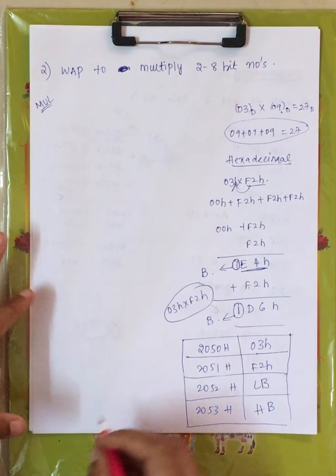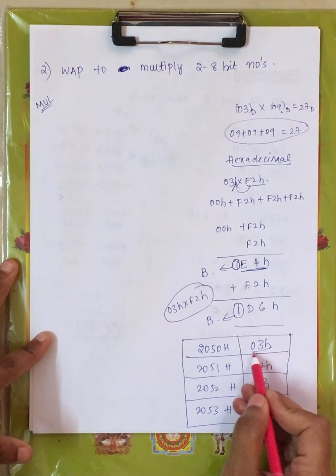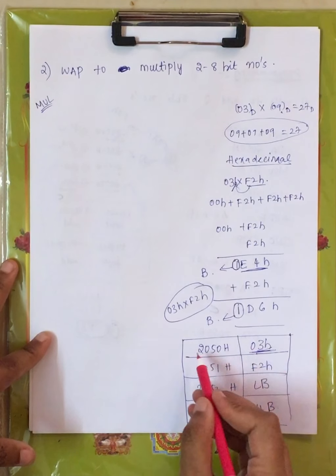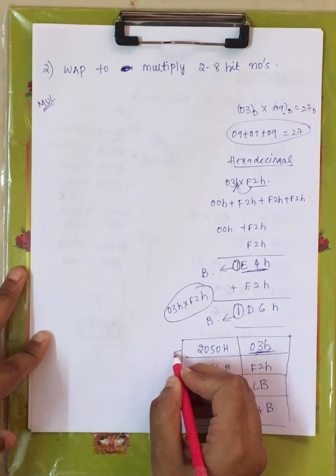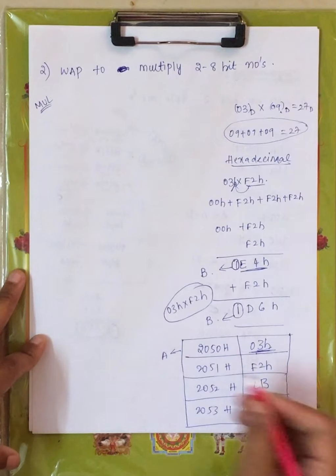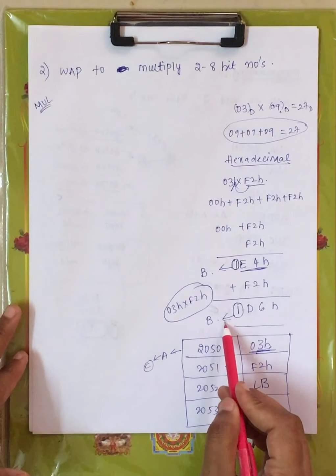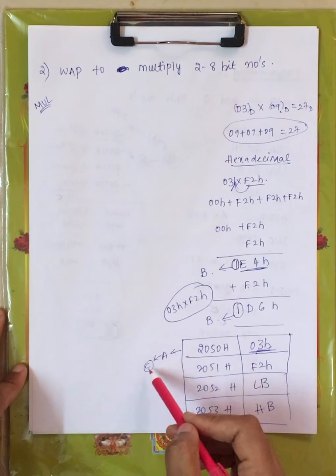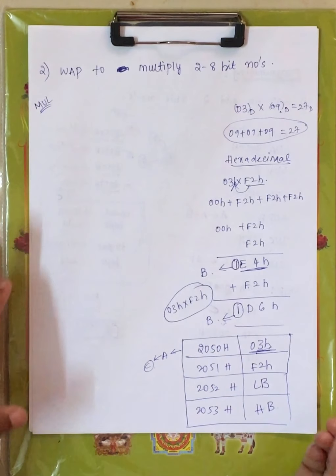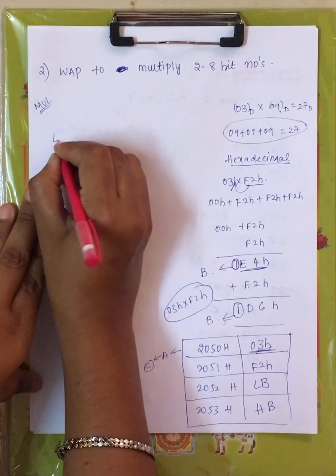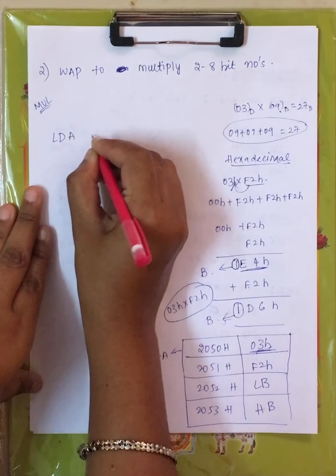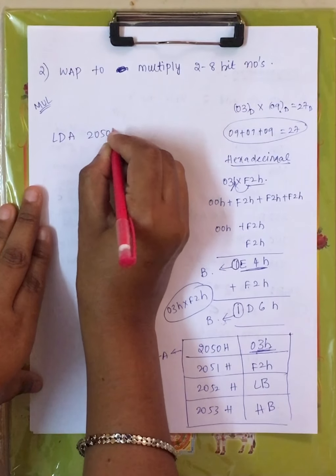Now what is the first step you have to do? You have to move the contents of 2050H to which register? The A register. After that you have to move it to the C register, since I am using the B register for the carry. Now what is the instruction we have? LDA 2050H.